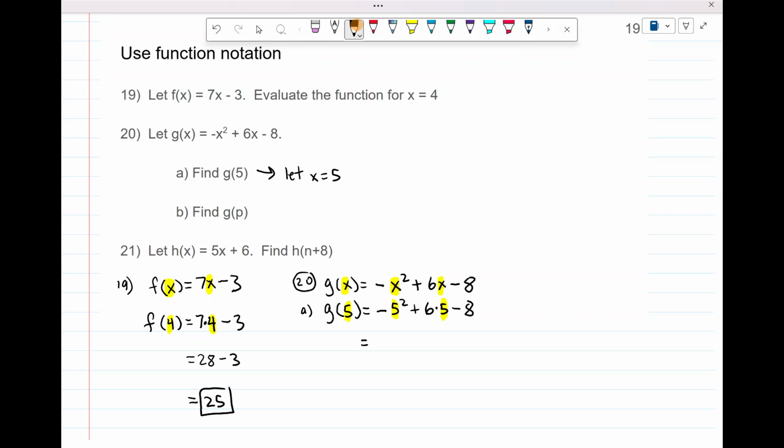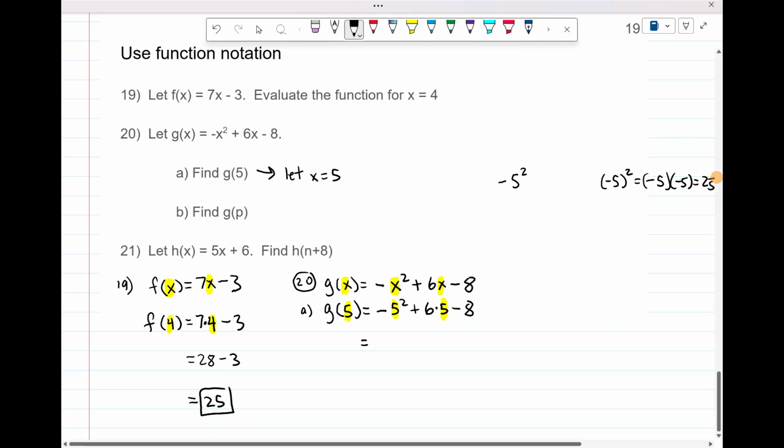And one thing that's important, that negative 5 squared is different when it's written like this compared to if it's written like this. Negative 5 in parentheses squared is equal to negative 5 times negative 5, which is equal to 25.